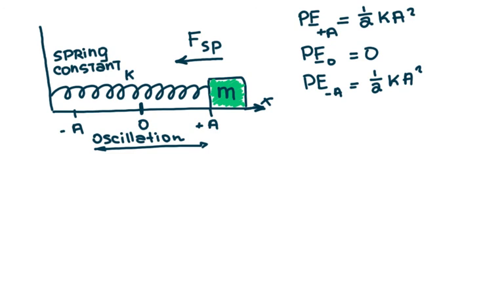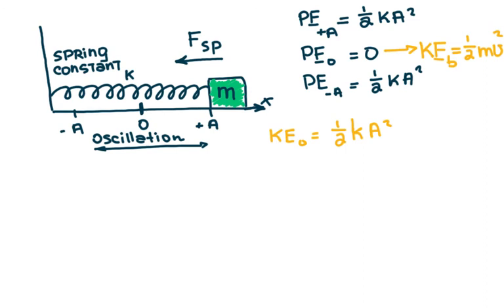So when the potential energy of the spring is equal to 0, this is when you have the maximum kinetic energy of the block, which is equal to 1/2 mv squared. So the kinetic energy at 0 is equal to 1/2 K A squared.